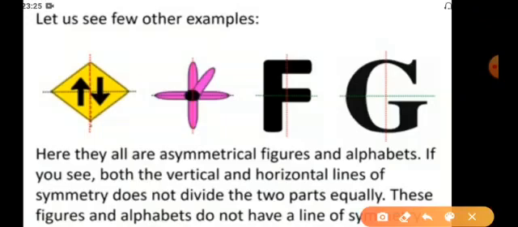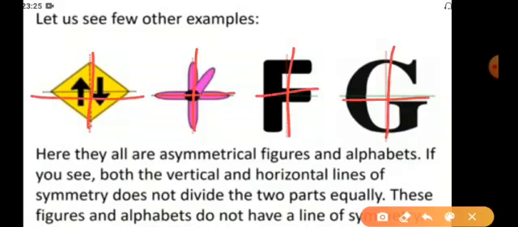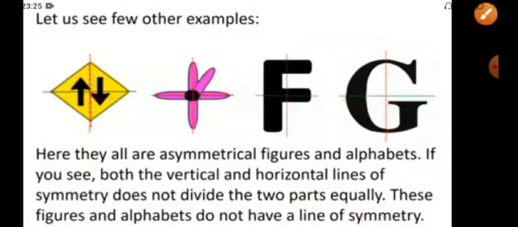Here we can see that after drawing vertical line and horizontal lines at the center of these figures, we cannot divide these figures in two equal parts. Means we can say that these figures and alphabets do not have any line of symmetry.